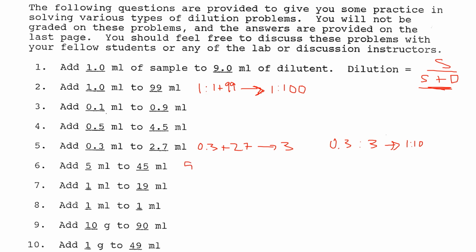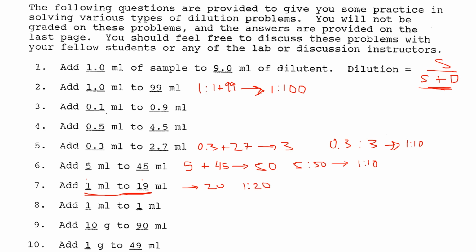Number 6 is basically the same as number 4: 5 plus 45 is 50, and 5 over 50 is a 1 to 10 ratio. For the next one, hopefully you can just look at it and know: 1 plus 19 is 20, so this is a dilution of 1 to 20.